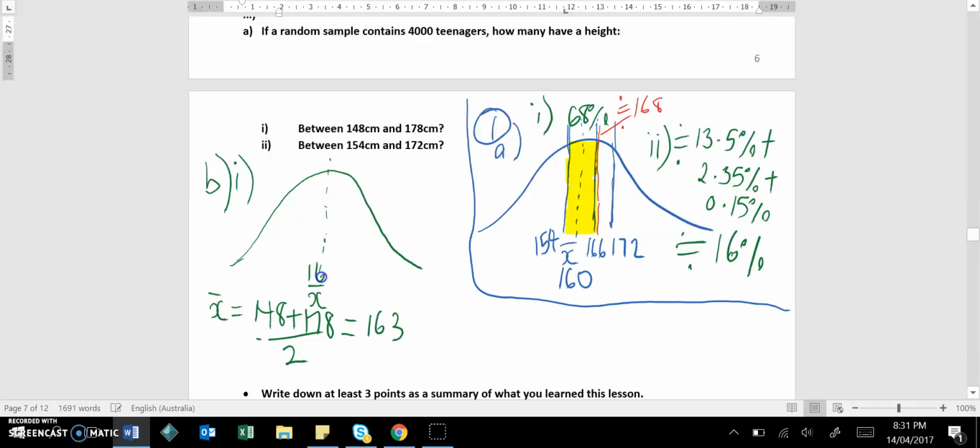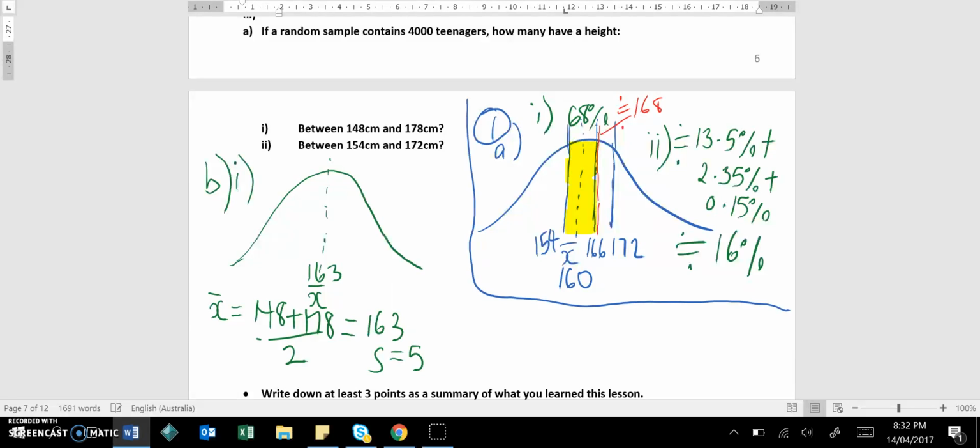Okay, so the mean here is 163, and I know that they want me to figure out between 148 and 178. So basically I know then that my standard deviation is 5, and I just did that by figuring out how many more would I need to get up to 178 or to 148 each time, leaving me with 6 brackets in between, like in the definition.